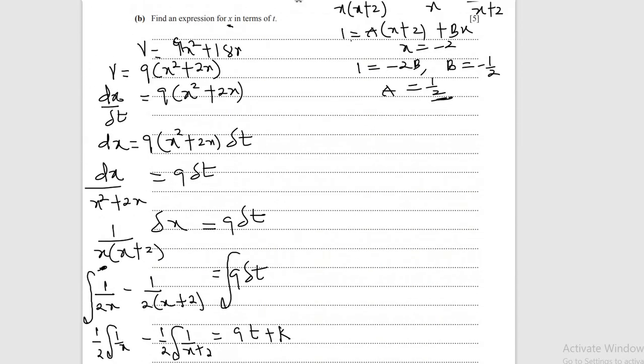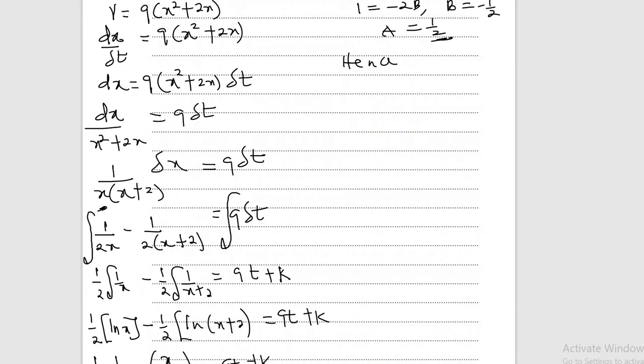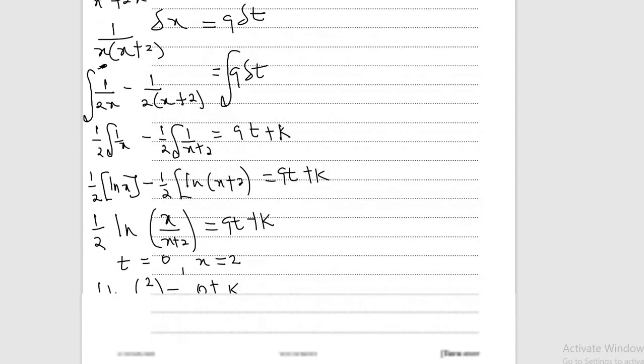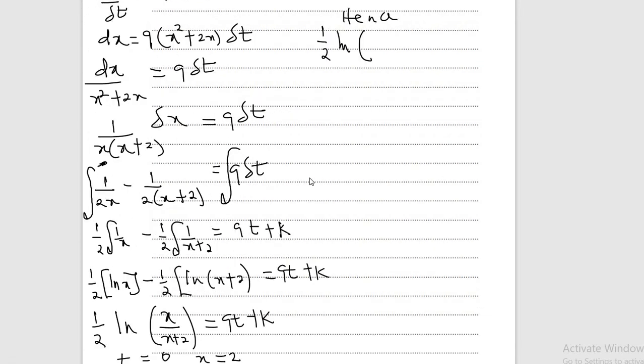Hence we have half ln of x over x plus 2 equal to 9t.